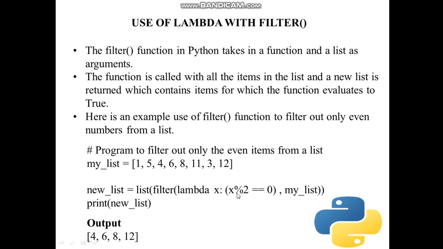Now colon means this is my expression: x mod 2 equals 0, and my list. So it will give me only the even numbers from the list, that means only those numbers which are divisible by 2, this function is going to return.